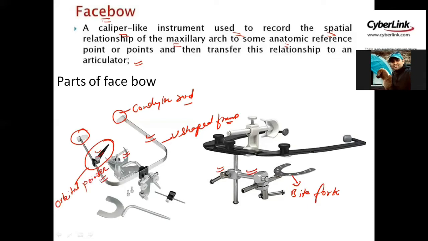One section represents the plane of the cranium. This U-shaped frame represents the plane of the cranium. The second section represents the plane of the maxilla. That is your bite fork.